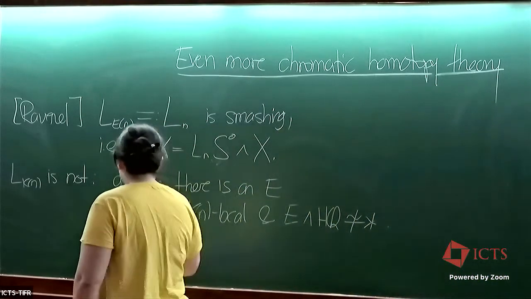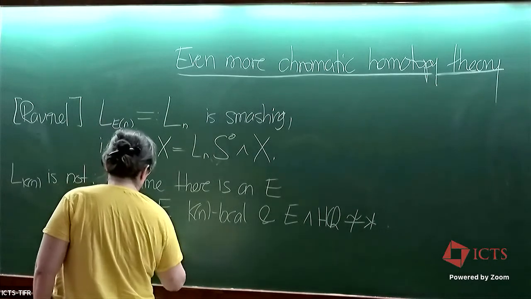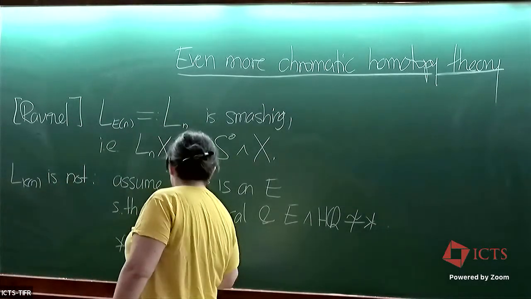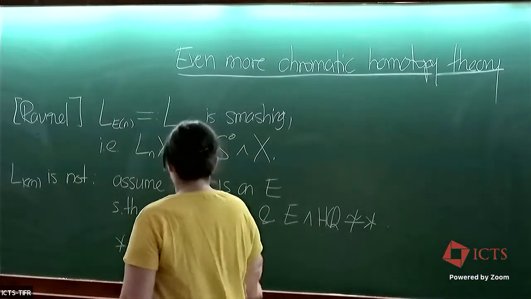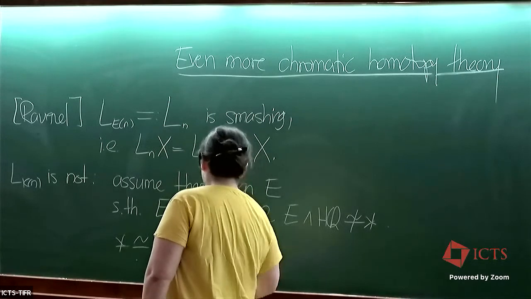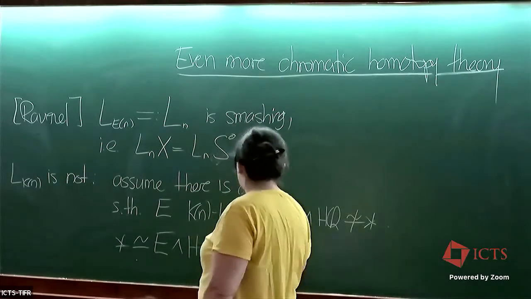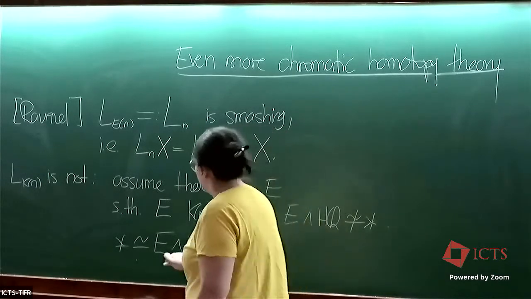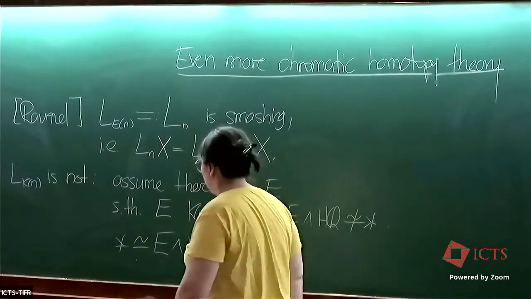Then, okay, so we have that, well, I'm just writing it down again. If E was Kn local, then I could just replace E with its Kn localization because I wouldn't change anything.